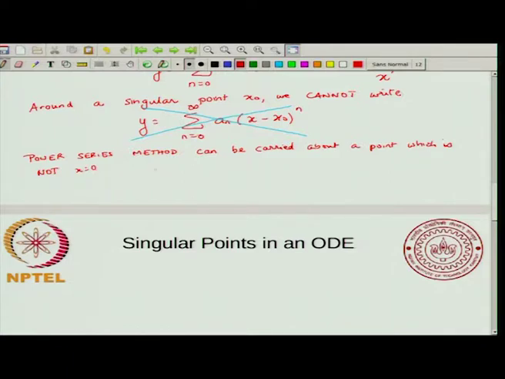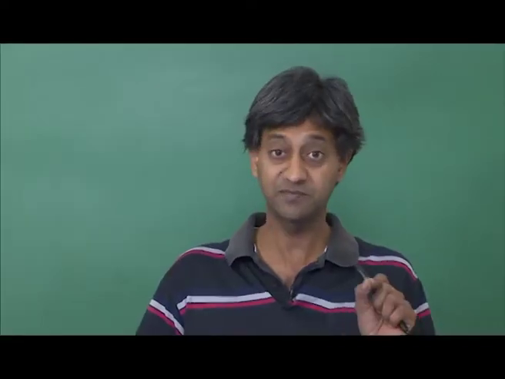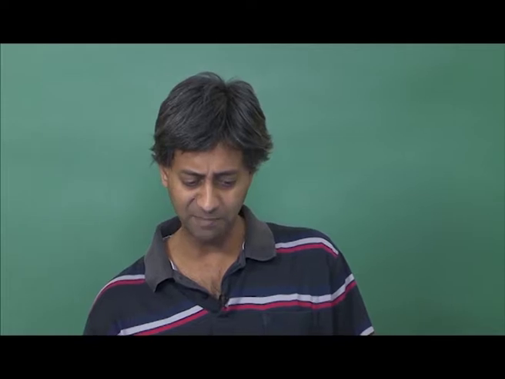What that means is you can write y is equal to the sum over n equal to 0 to infinity of a_n (x minus x prime) raised to n, where x prime is some point. This is also a power series method. Only thing, instead of taking a power series around x prime equal to 0, you are taking it around some other point. So that is also a valid power series method. In the last case, when we were considering the Legendre equation and the Hermite equation, we were looking at power series specifically around the point x prime equal to 0, but that need not be the case. You can take power series methods about a point which is not the same as the origin.